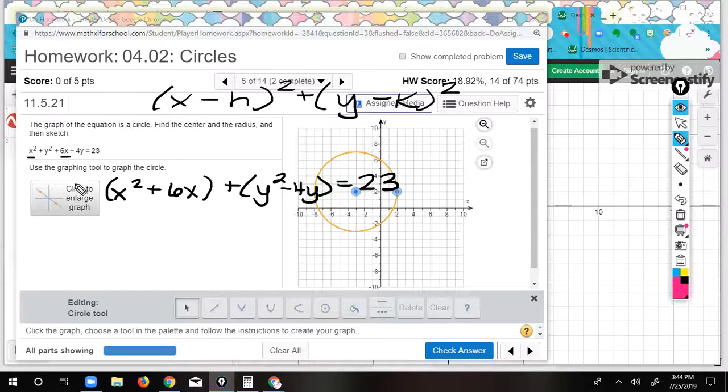Now we're going to take half of this x term and then square it. So half of 6 divided by 2 is 3, and 3 squared is 9. Same deal here. Half of 4 is 2, 2 squared is 4.